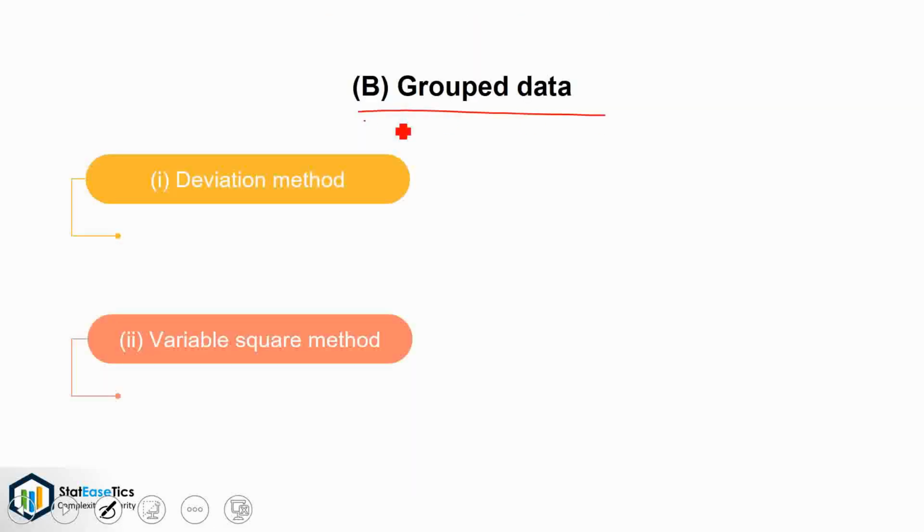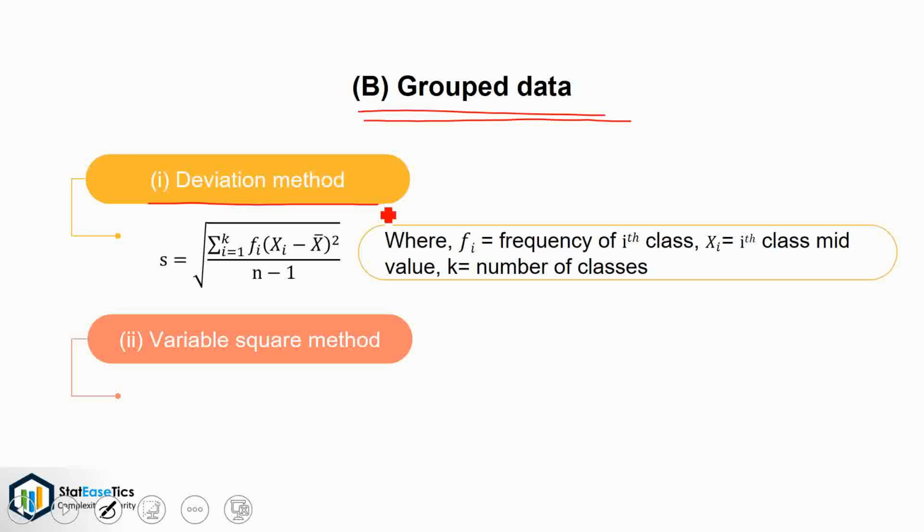Now let's see the formulae for grouped data. Deviation method. Here the formula is same as that for the ungrouped data, except we add the term fi, where fi is the frequency of ith class, xi is ith class mid value, and k is equal to number of classes.